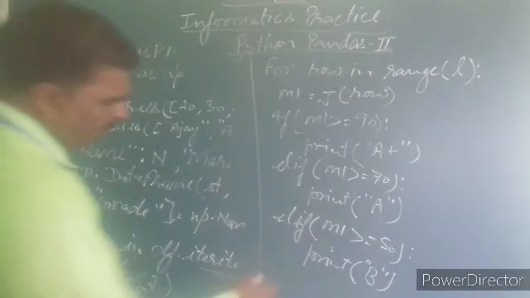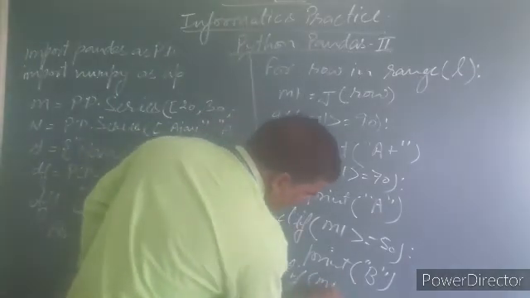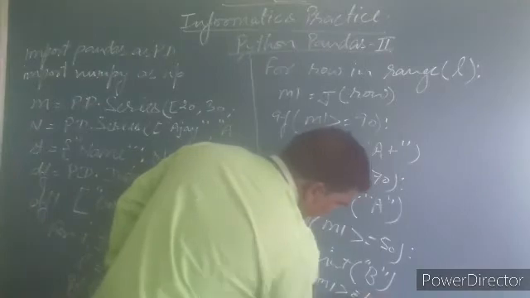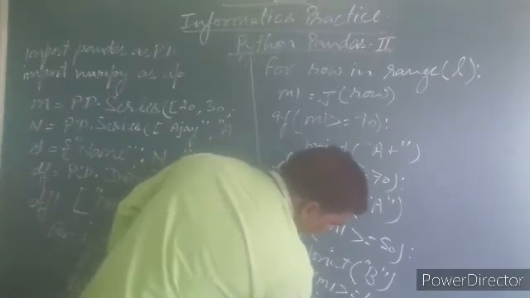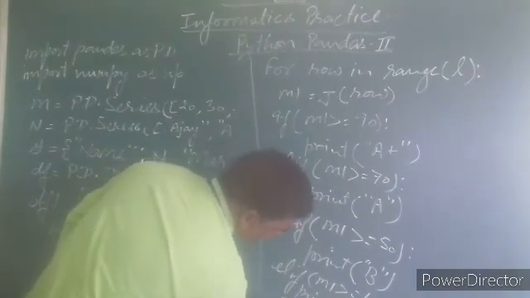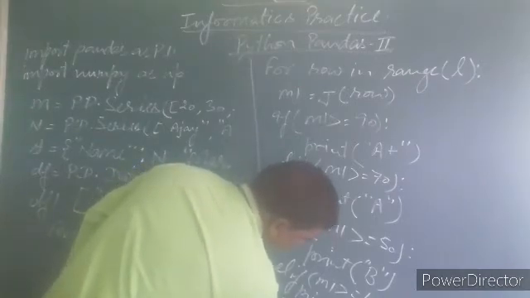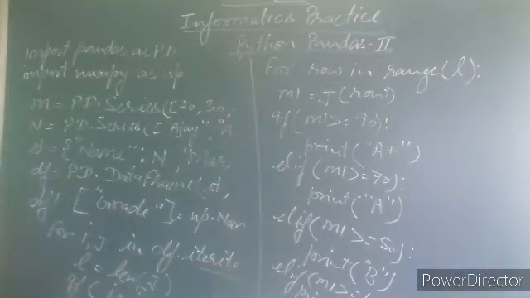According to that you can write the grades like B. One more I am writing again. elif M1 is greater than equals to 40, then print C. At last we are writing else, we can write print D. So according to this, grade can also be printed, and if you want to print with the series, then it can be printed.